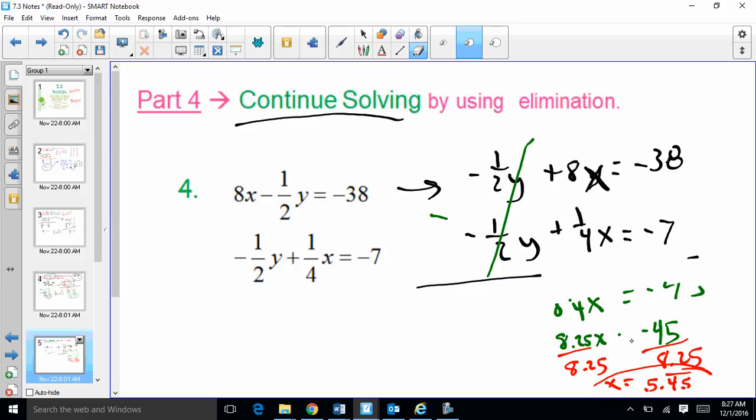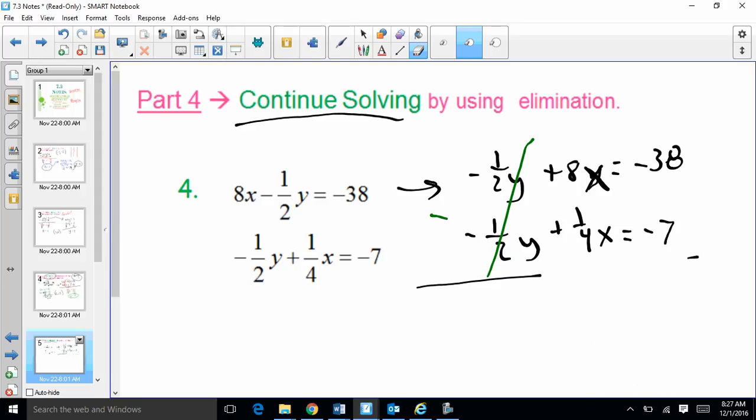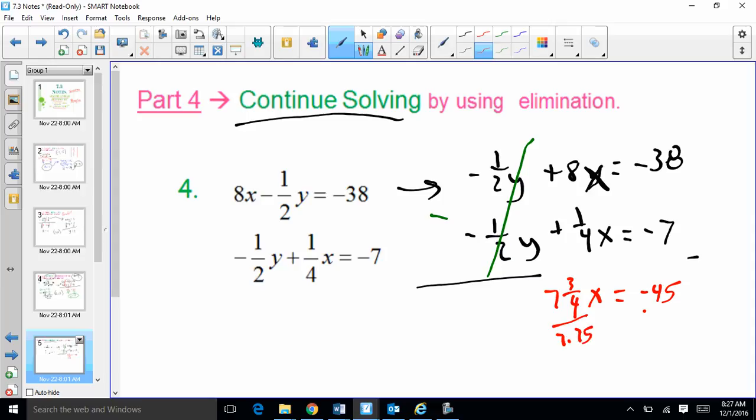8 1/4, when you subtract them, it doesn't make it bigger, it makes it smaller. So I'm going to rewrite this as 7 3/4 x equals a negative 45. And then I'm going to divide by 7.75 on both sides. And let's see if that changes things.